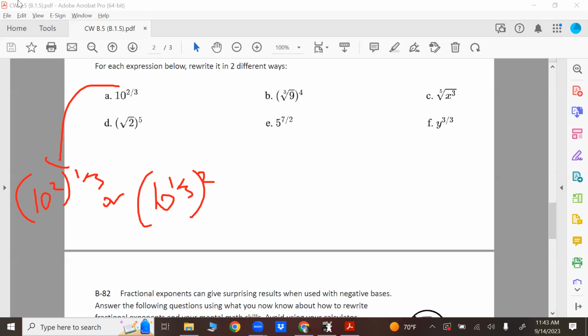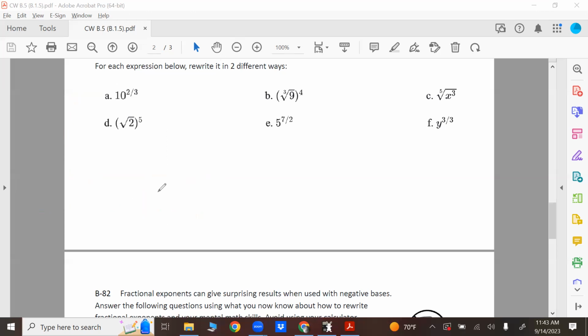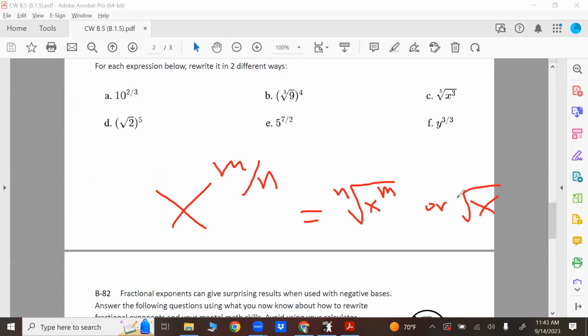Let's back up a little bit here. Here's a general thing that's happening, and I probably messed up. It's going to be like this: the nth root of x to the m, or the nth root of x and that raised to the m power. Because this is like saying x to the m raised to the 1 over n, or it's like saying x to the 1 over n raised to the m.